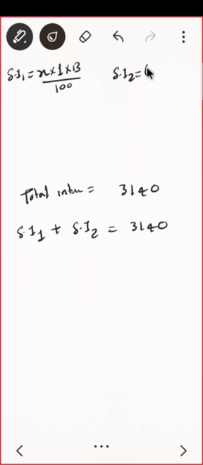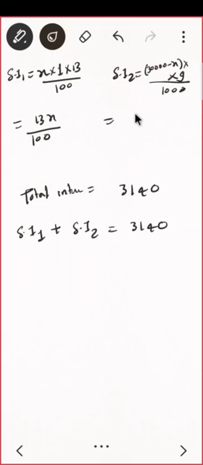It is 30,000 minus x into 1 into 9. Correct? Divided by 100. So what will be this? This is 13x upon 100 and this is 30,000 minus x into 9 upon 100. Correct? Now you just have to substitute it here and you have to solve it. Correct?